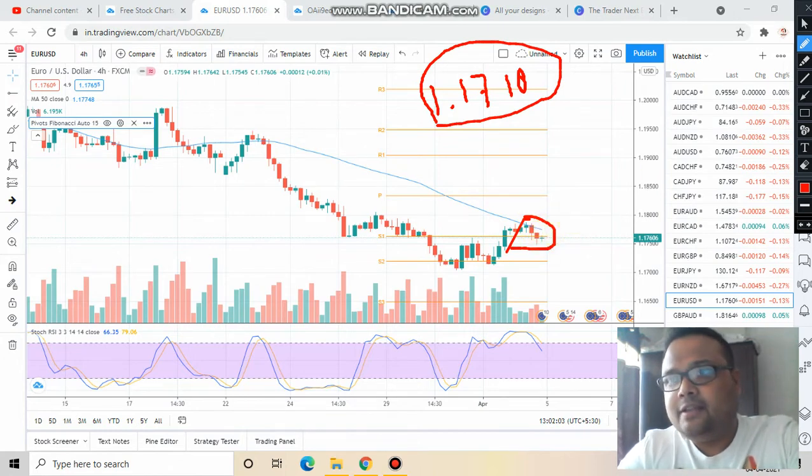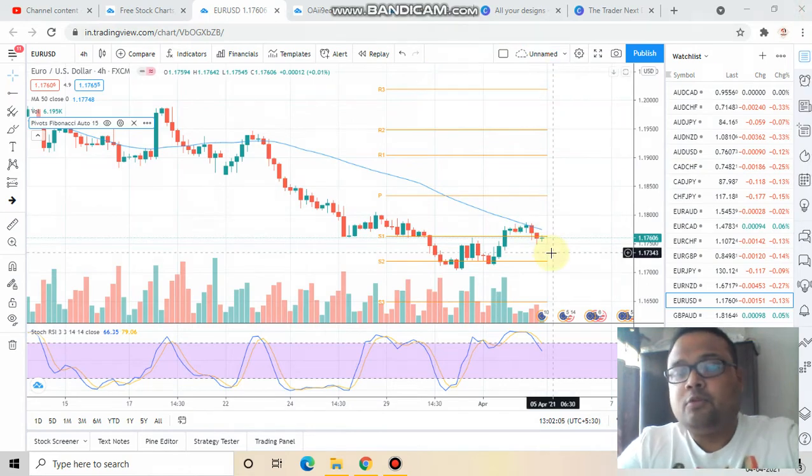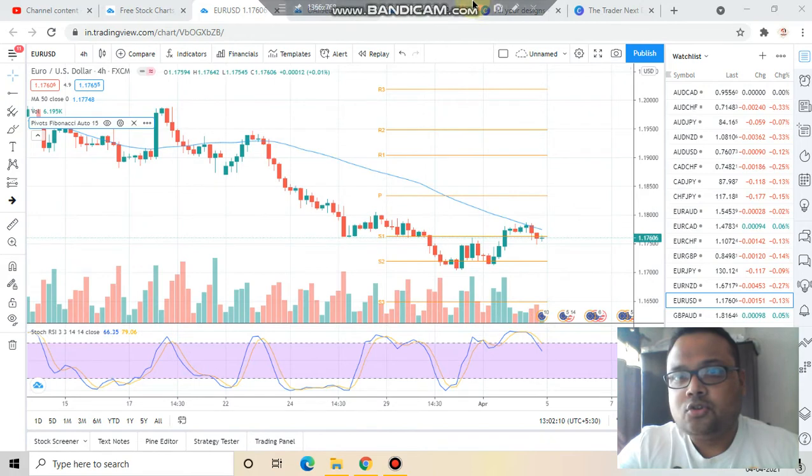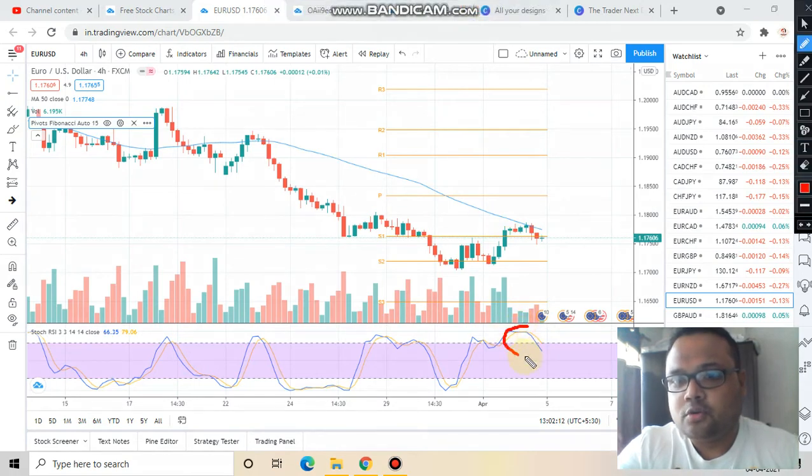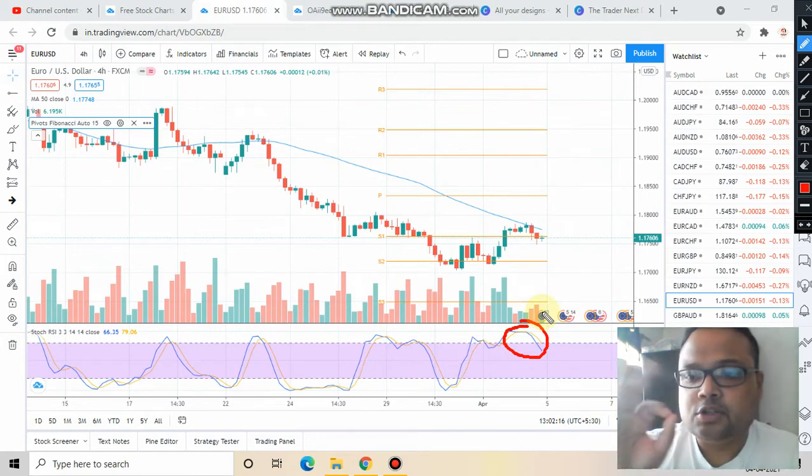Market is struggling at the 50 MA, the 50 MA is acting as a resistance, and market is also in the overbought zone. Considering all these factors, this is a very good spot to short the market.